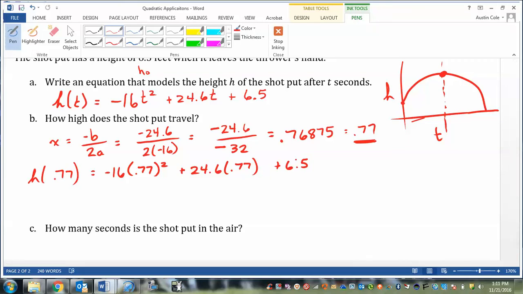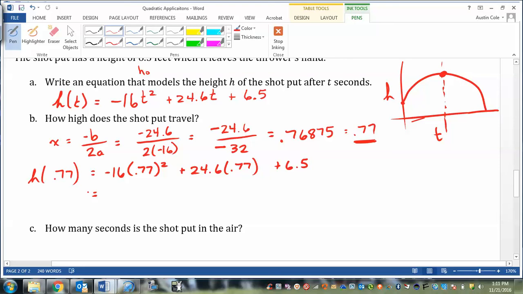Okay, so take 0.77 squared in our calculator. Everyone follow along with me, because I feel like this is where people get lost or we get the wrong answer, we just type something in wrong. So 0.77 squared and hit enter. Then take that number times negative 16 and tell me what you get.